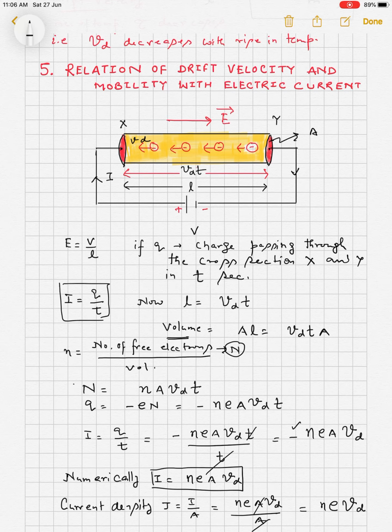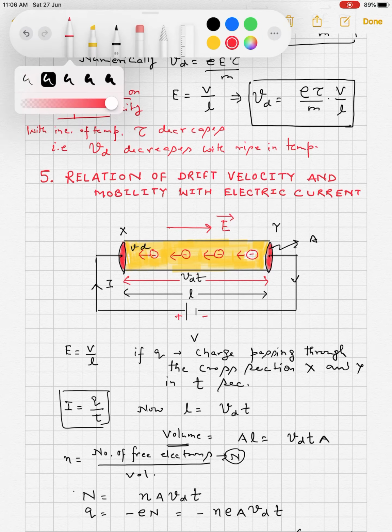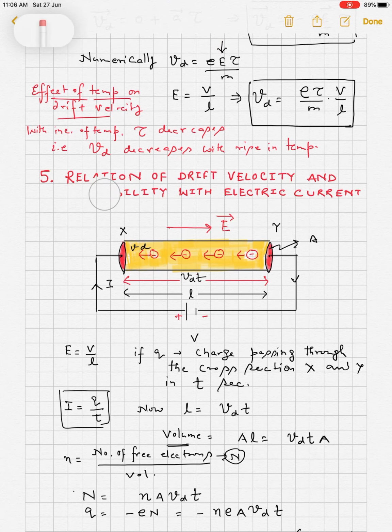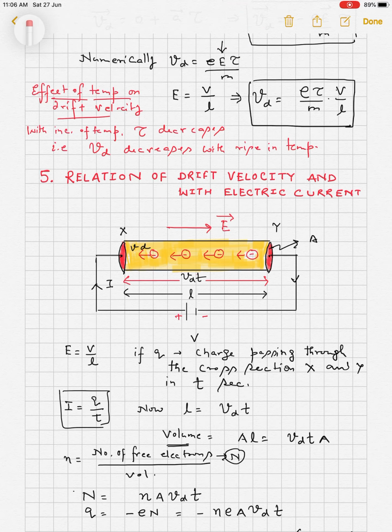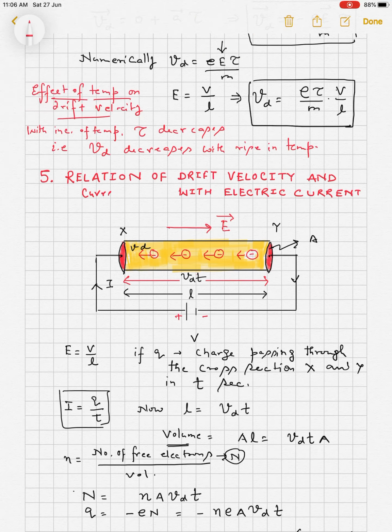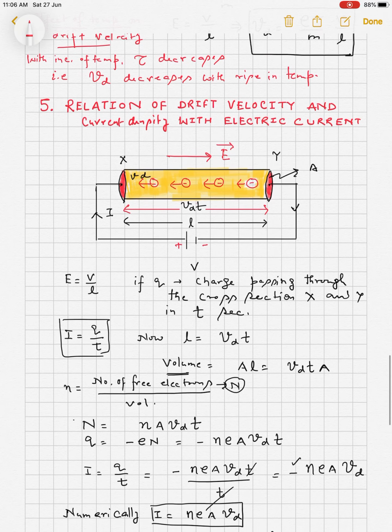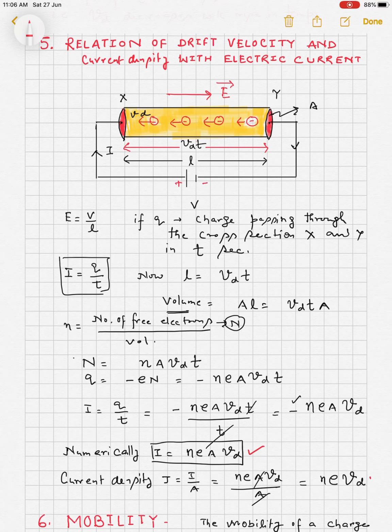This is the current density. So these are the relations, one for I equal to n e A vd and this one is for J.